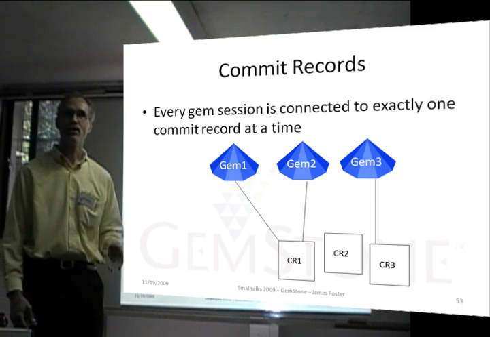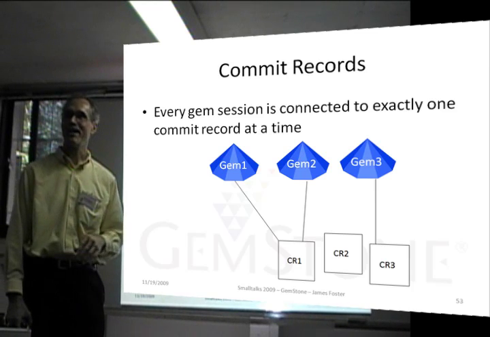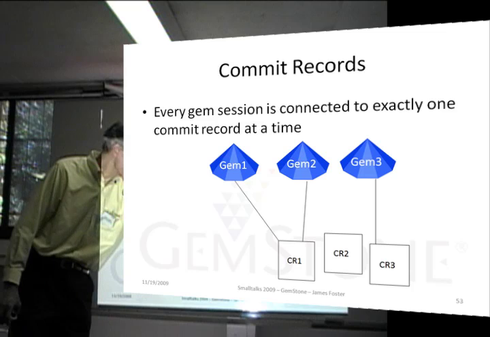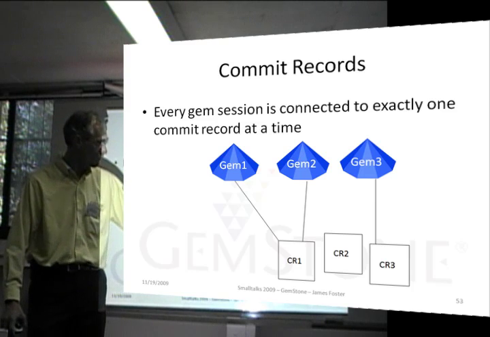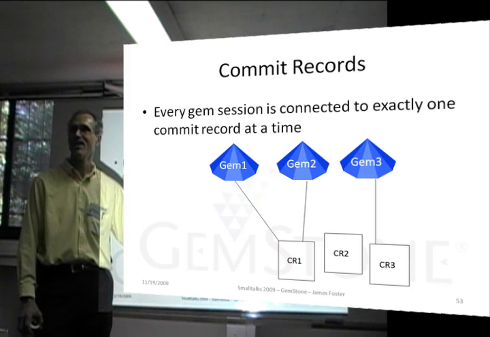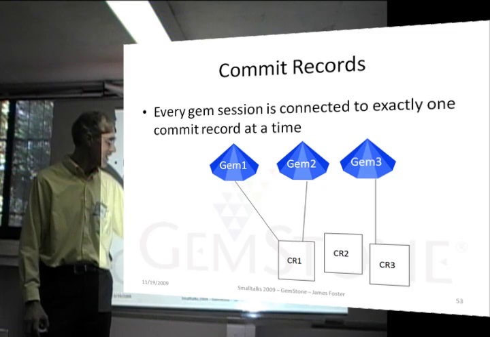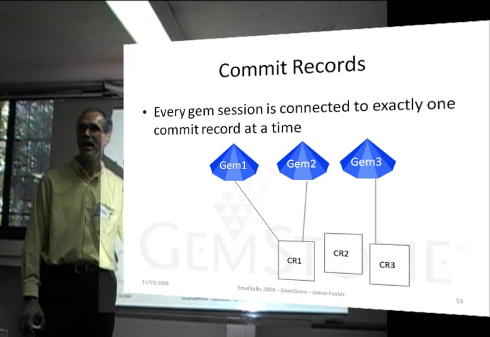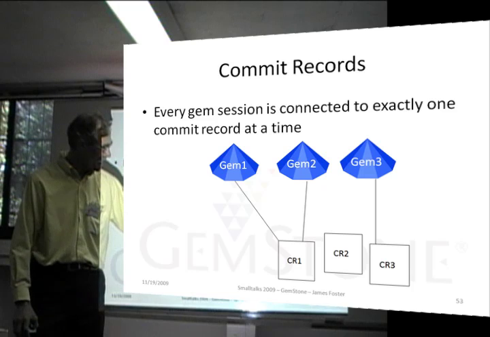Shadowed pages can be reclaimed using the reclaim garbage collection process, but not while they are still needed. So if commit record 2 shadowed some pages, then gems 1 and 2, still looking at commit record 1, need those pages to stay available. These gems are looking at this commit record, which may include pages that have been shadowed.